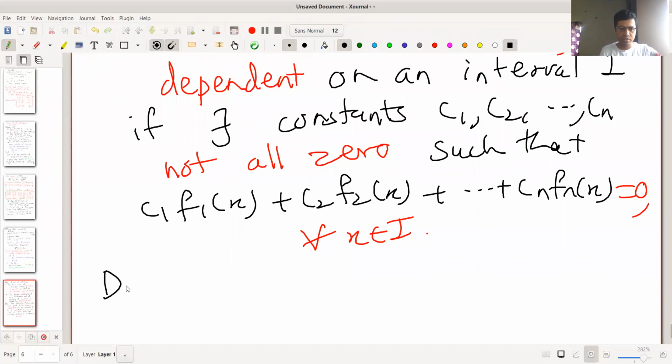Next definition is linearly independent. Okay, so if the set is not linearly dependent, then it is said to be linearly independent.